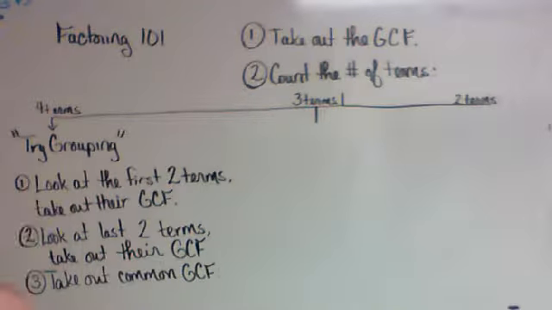It doesn't mean that grouping will work. It doesn't always work. But usually you can make it work. So the steps in grouping are to look at the first 2 terms and take out their GCF. Then look at the last 2 terms, because you know there are 4 of them, and take out their GCF, and then you take out the common GCF. It sounds really simple, looks really complicated.